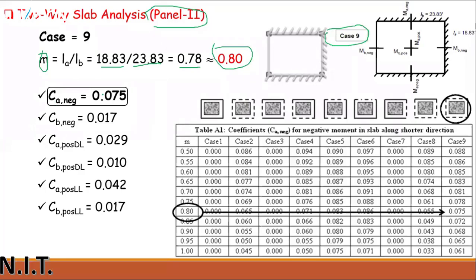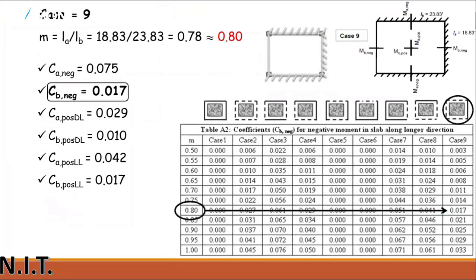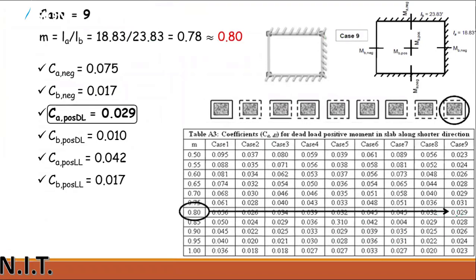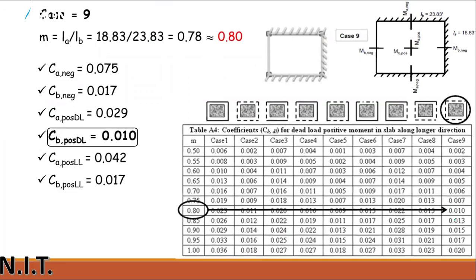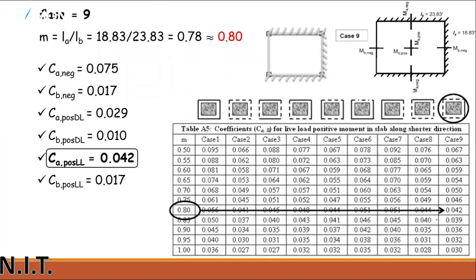The coefficient values are calculated by using these tables. This is for CA negative, the value is 0.075. Similarly, CB negative value is 0.017. CA positive dead load is 0.029. CB positive dead load is 0.010.